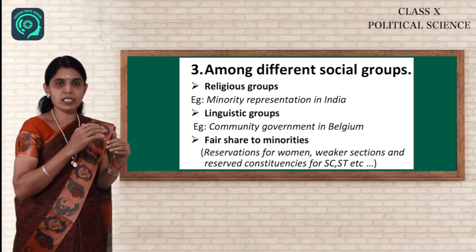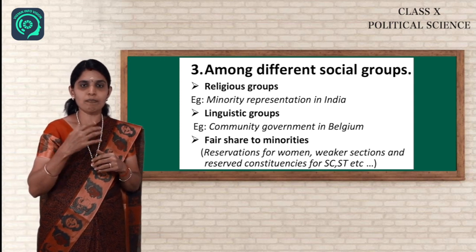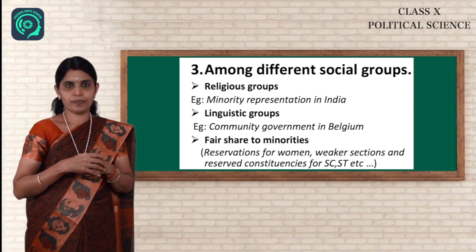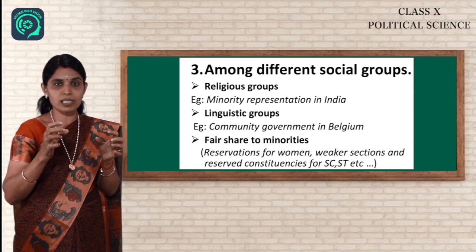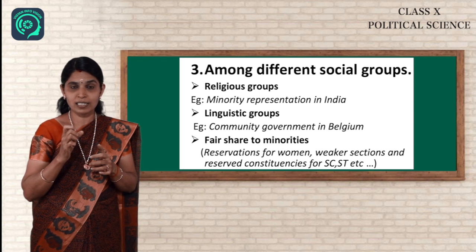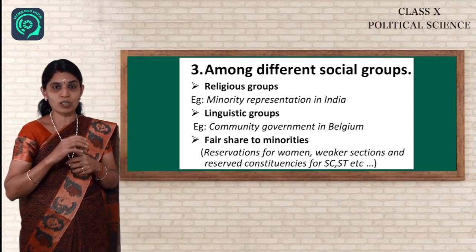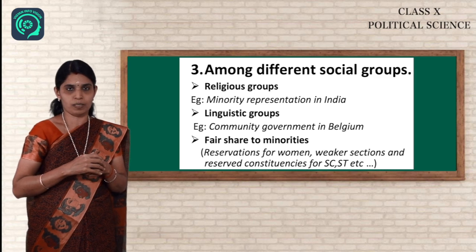Example for the power sharing among religious groups is, in our country there are minority representation. Example of the power sharing among linguistic group is, we already know that. Which is that? It is the community government in Belgium. That is based on the language or linguistic groups.